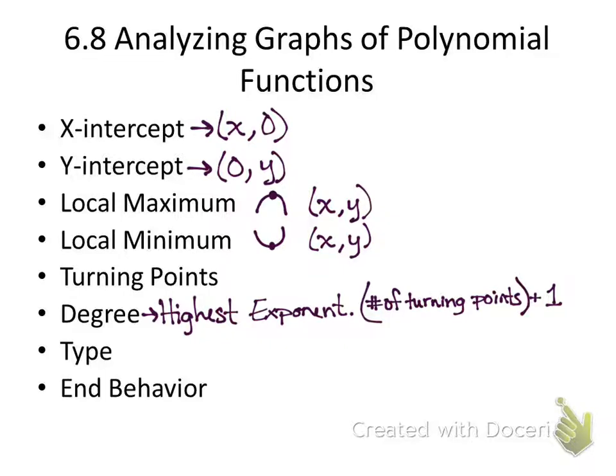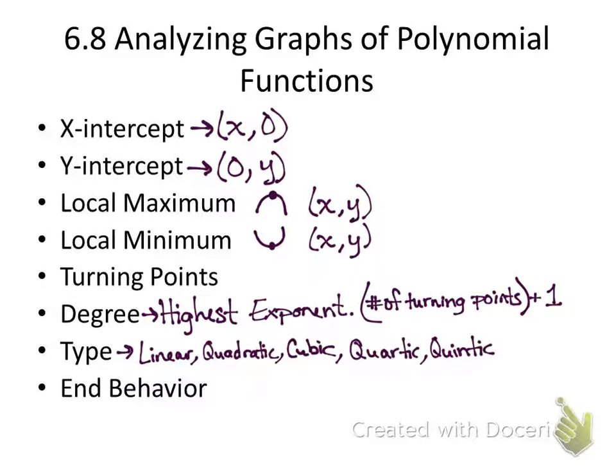The types we talked about last year started with linear, if you had a degree of 1, quadratic, if you had a degree of 2, cubic, if you had a degree of 3, quartic, if you had a degree of 4, quintic, if you have a degree of 5. So on your test, not only are you going to have to identify the degree, you're also going to tell me the type again.